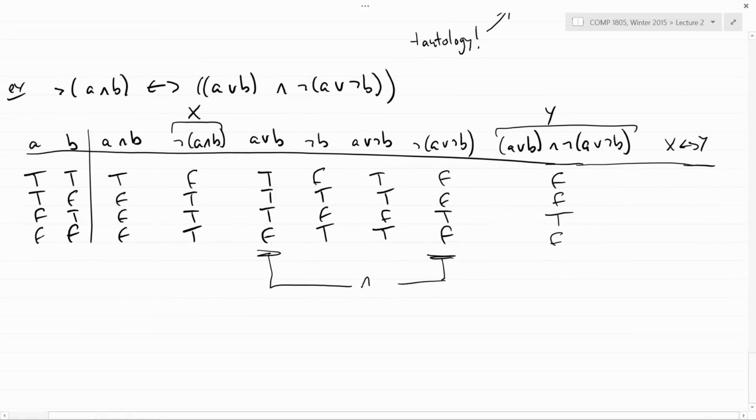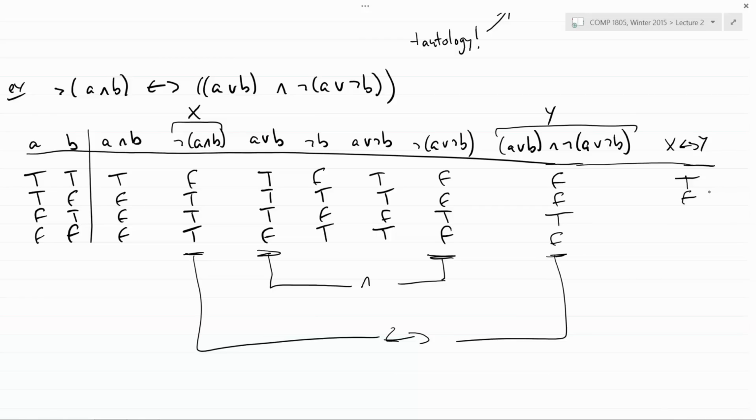And now I look at this column if and only if this column. So false if and only if false is true. True if and only if false is false. And in fact, I can stop right here if all I want to do is decide if it's a contradiction or contingency or tautology. True if and only if true is true, and true if and only if false is false.